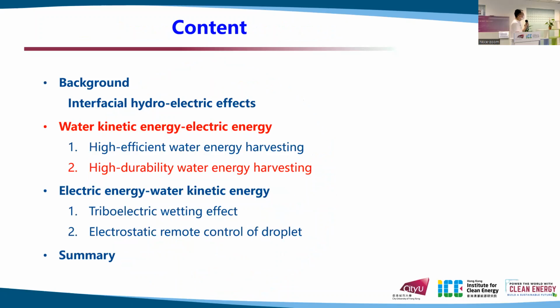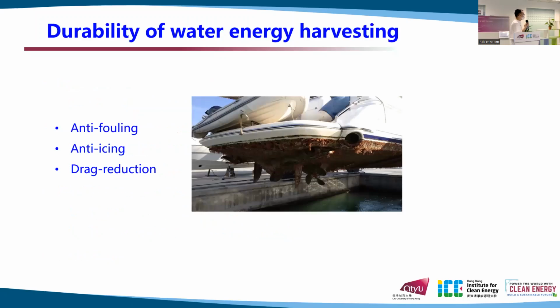Now, after we resolve the efficiency problem of water energy harvesting, we also propose a method to enhance its durability. In practical applications, the solid surface is easily polluted by marine organisms.